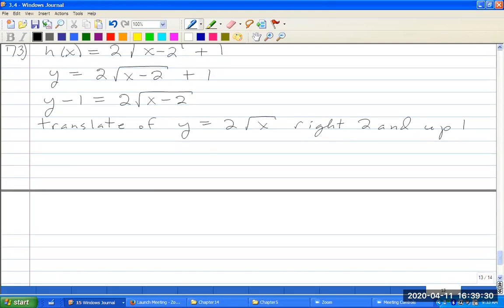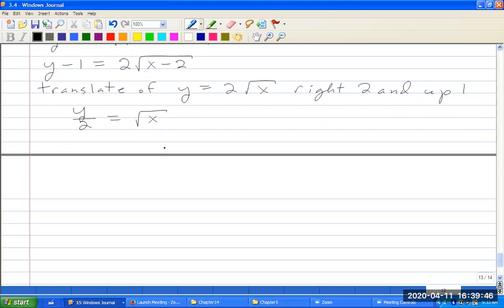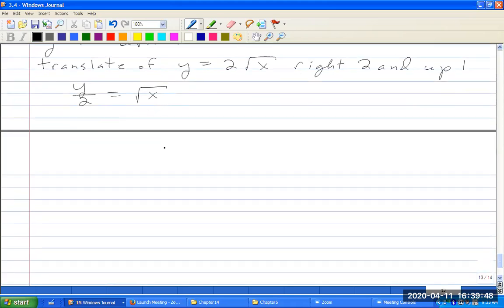Okay, now let's divide both sides of my equation by 2. So this is just y over 2 equals rad x. And so this is a stretching.